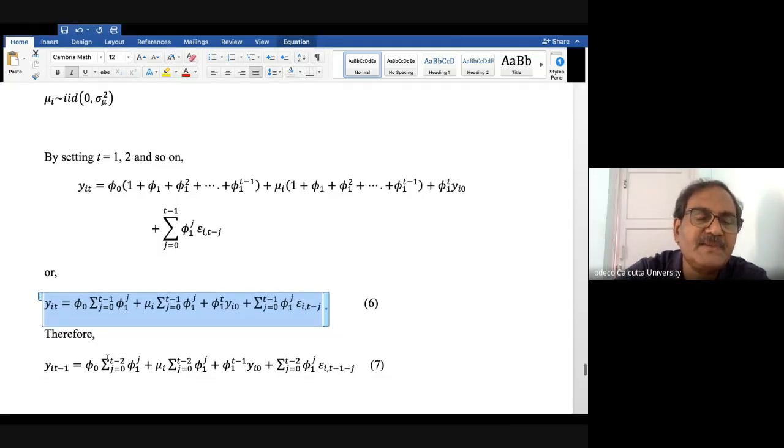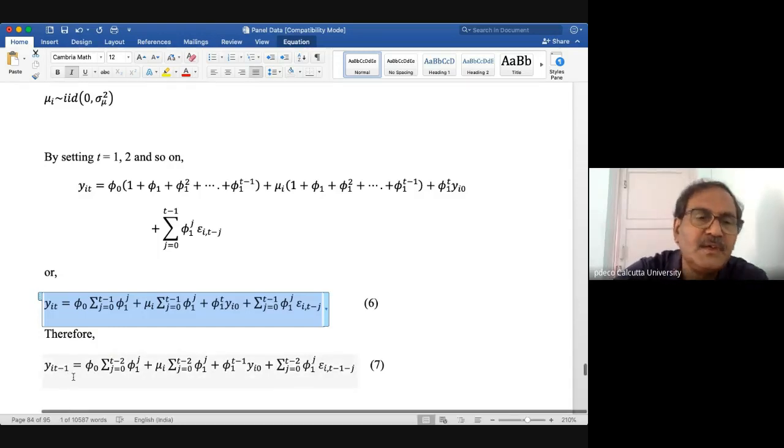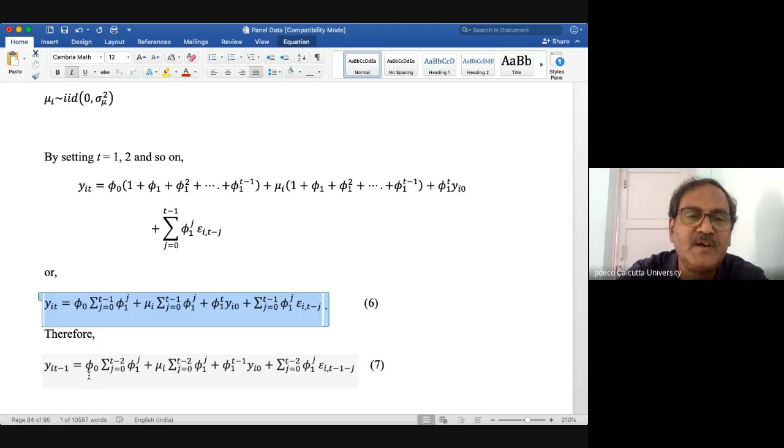So the expression becomes yit minus 1 is equal to phi naught into sum of phi 1 to the power j, j varies from 0 to t minus 2, plus mu I into sum of phi 1 to the power j, j varies from 0 to t minus 2, plus phi 1 to the power t minus 1 yi naught, plus sum of phi 1 to the power j epsilon I t minus 1 minus j. Okay.